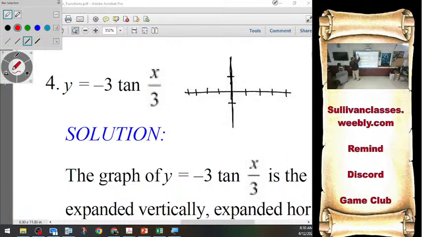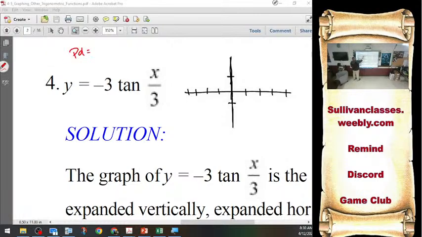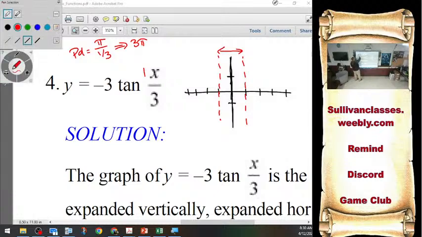Okay, you start with period, not 2 pi, pi over b. B is 1/3. So if I take this distance between asymptote to asymptote, this distance is 3 pi. That means each one of those boxes is going to be 3 pi over 2.